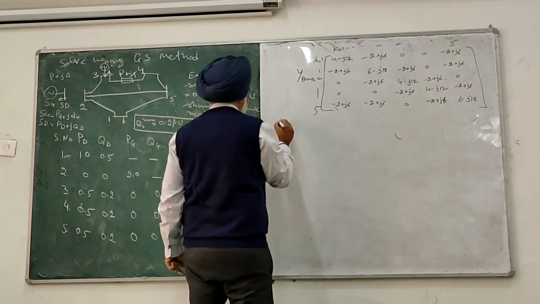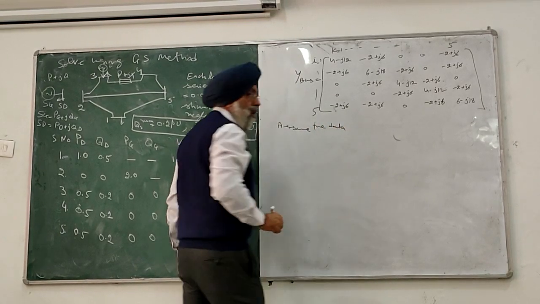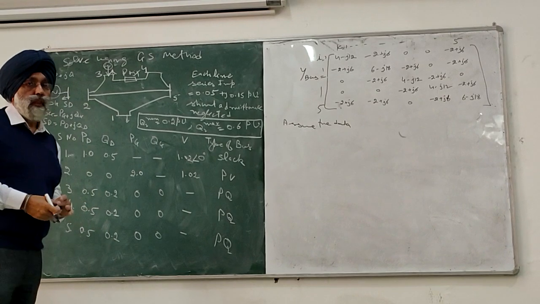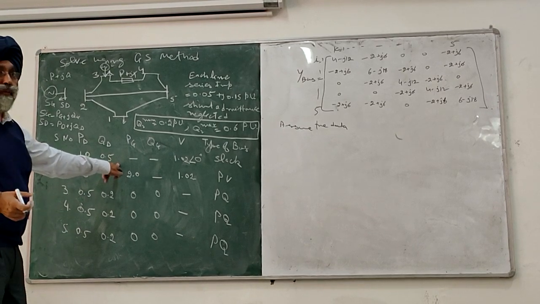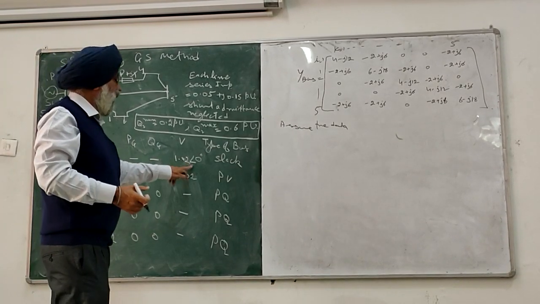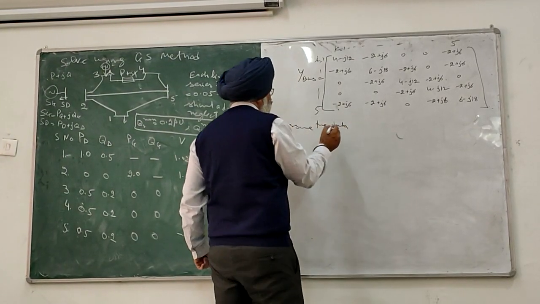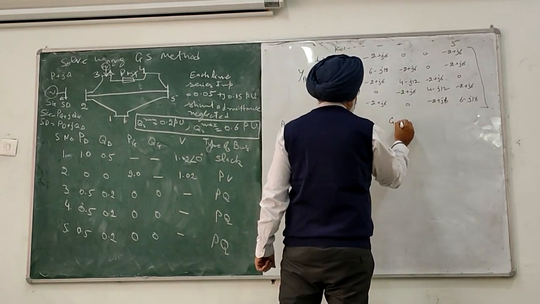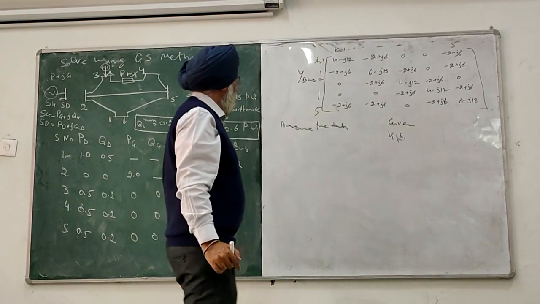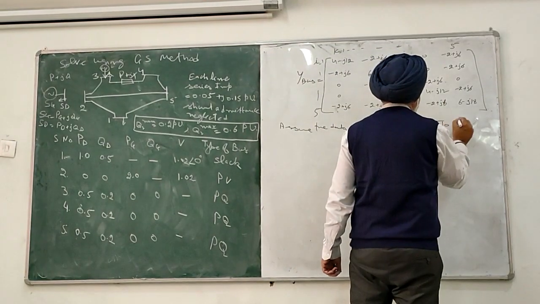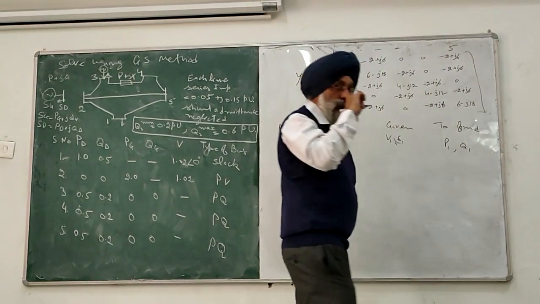For the first bus, V and delta are given: V1 angle delta 1. And we have to find P1 and Q1.